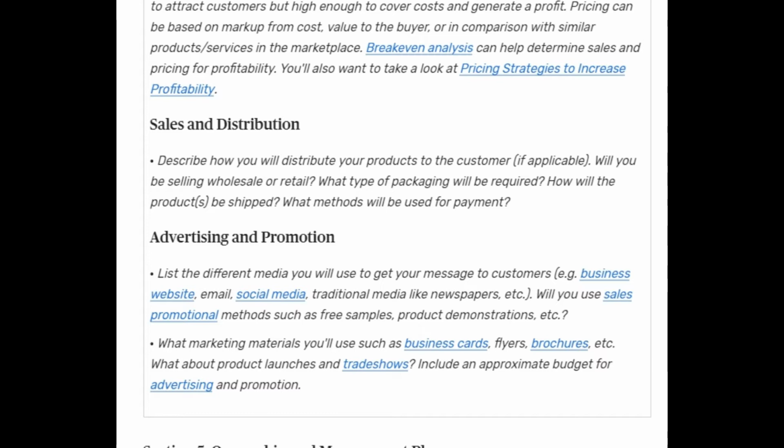So advertising and promotion: you have to advertise and promote your product. List the different media you will use to get your message to customers, for example, business website, email, social media, traditional media like newspapers, etc. Advertising and promotion is obviously essential. For a social media advertising agency itself, advertising is essential because you want to reach the target audience.